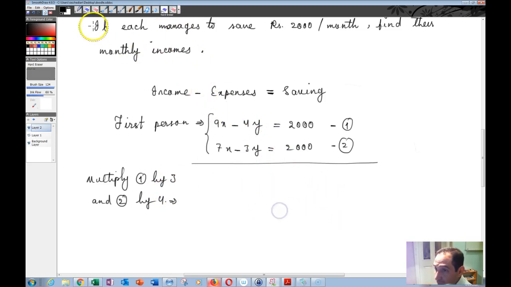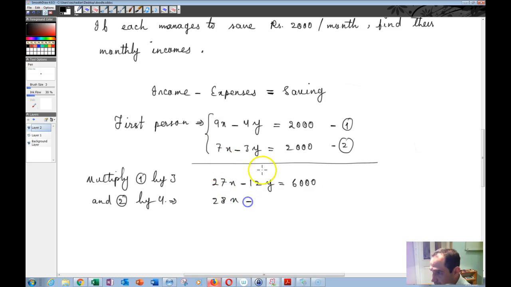So now, multiplying 1 by a factor of 3, I get 27x minus 12y is equal to 3 times 2,000, which is 6,000. Multiplying 2 by a factor of 4, I get 28x minus 12y is equal to 8,000, right?